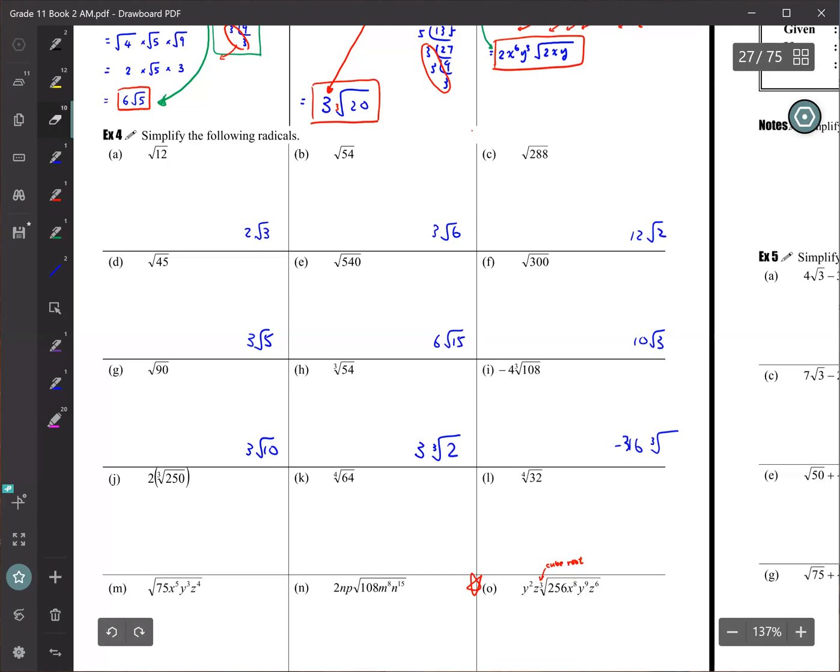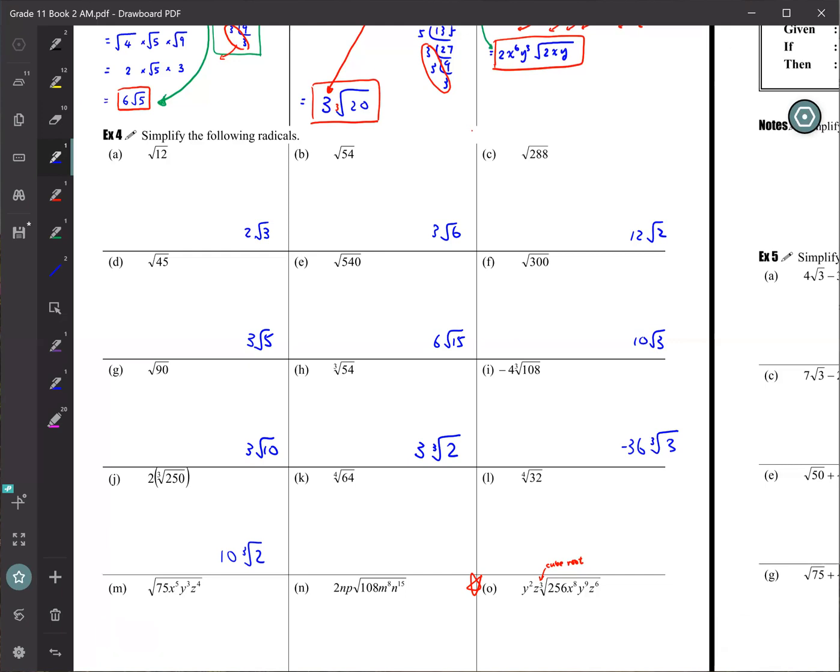Okay. -36 cube root 3. And then cube root of what? 6 or 3? 3, I think. 3. Okay. And Nathan, J? I got 10 cube root of 2. Cube root 2. Okay.